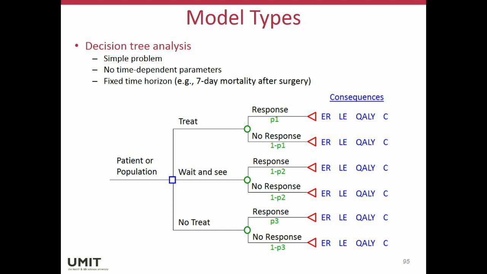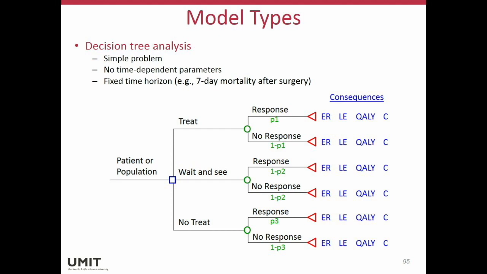And here, in the simple example, what could happen if people are treated? They could respond, or there could be no response. And finally, at the end node, we add the consequences, like event rate, life expectancy, quality-adjusted life years, and costs.